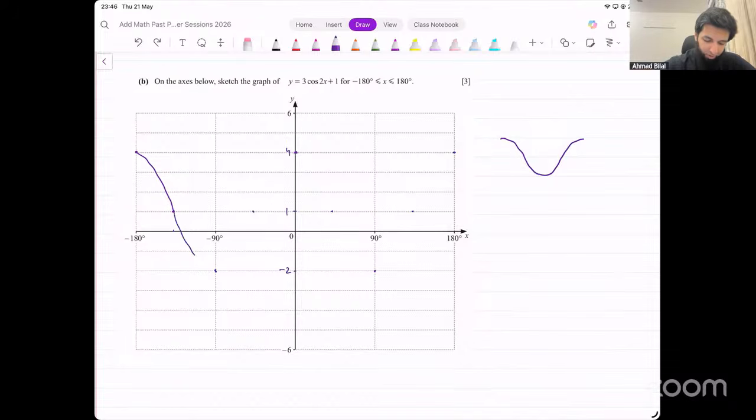Have a turning point at the bottom. Then it will go up. Change direction at this point. Have a turning point here. Always do it with a pencil so that you can smooth it out if you are not able to draw it in one go. I generally need to do that a lot. Never do it with a pen.